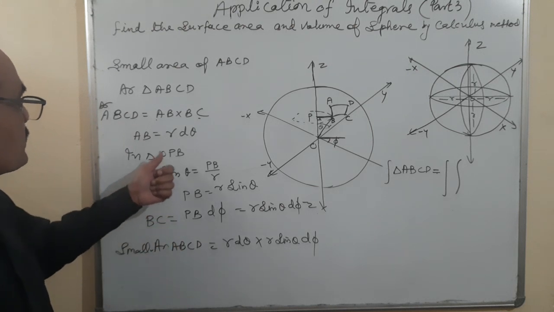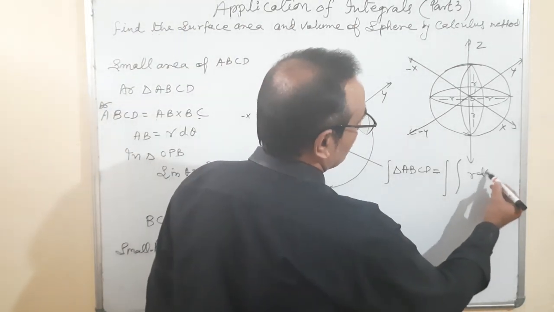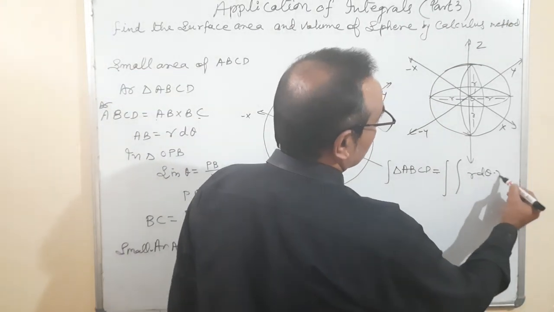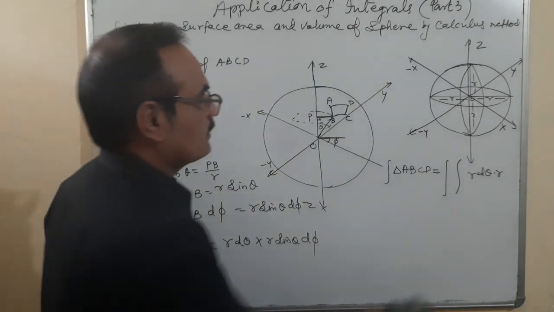Now let us see, one is AB. AB is r d theta, and second is r sin theta d phi.